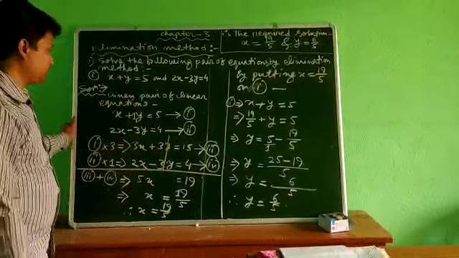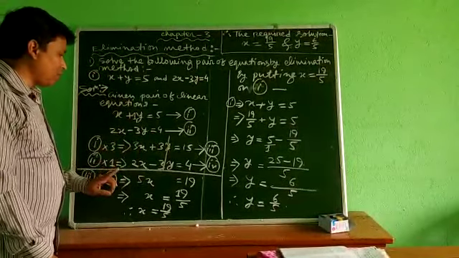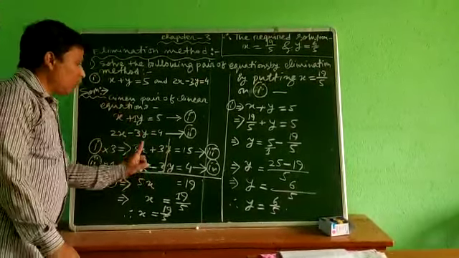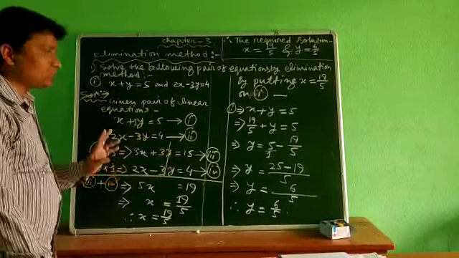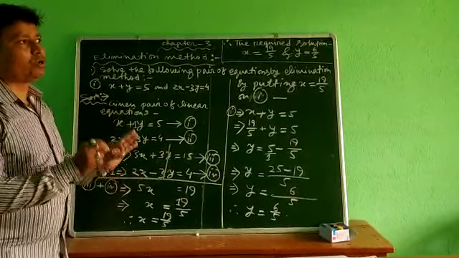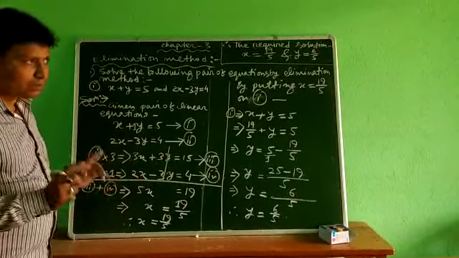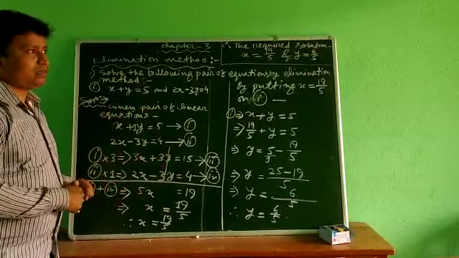If you want, you can eliminate x terms also. But at a time you have to eliminate only one term, either x or y. The term you want to eliminate should have the same coefficient. Otherwise you have to repeat the method twice.